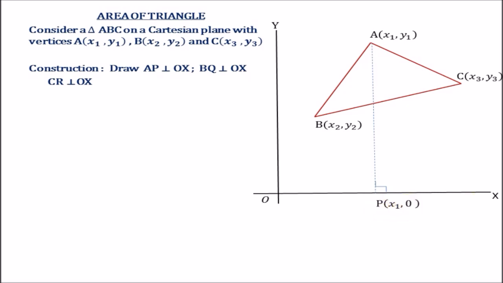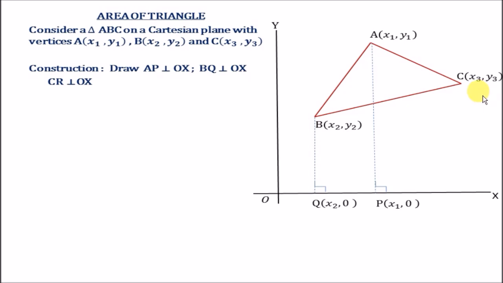We'll draw BQ perpendicular to OX. Similarly, point Q is on the x-axis. That means the value of the y coordinate will be 0. And the x coordinate of Q and B will be the same as BQ is falling perpendicularly on the x-axis. So the coordinate of Q will be (x2, 0).